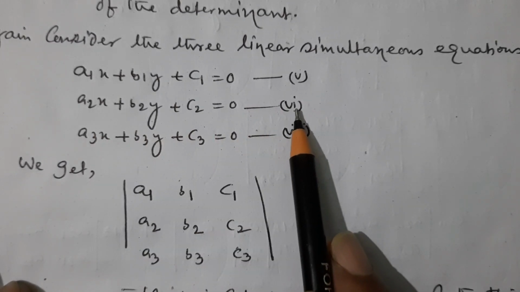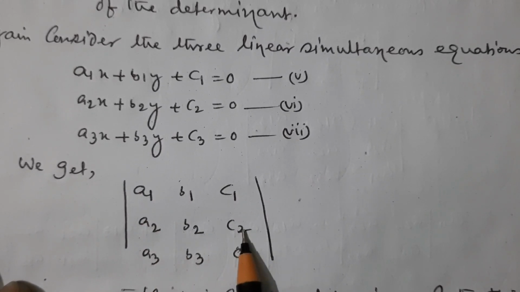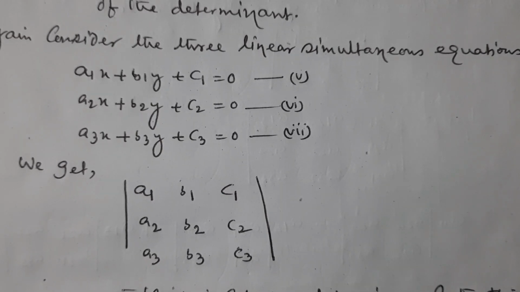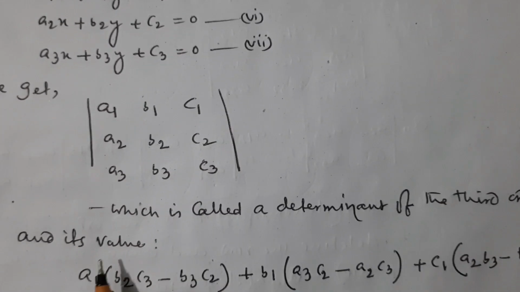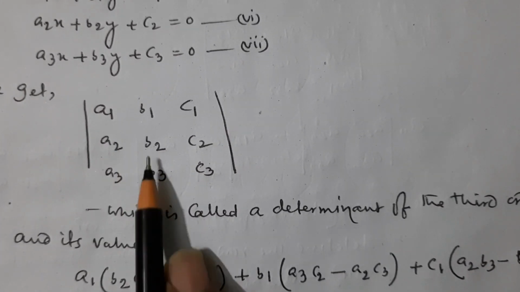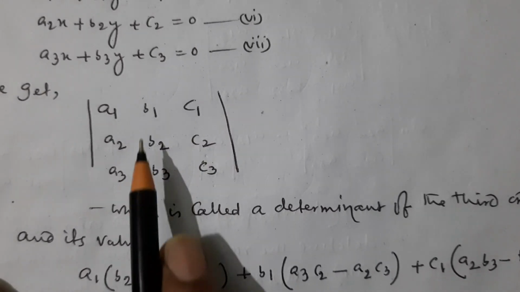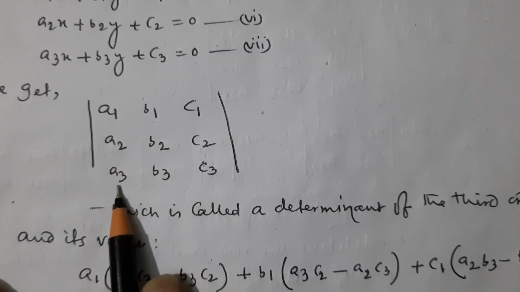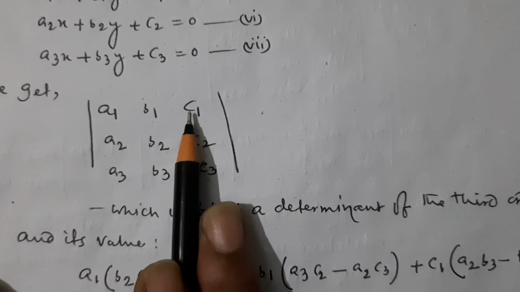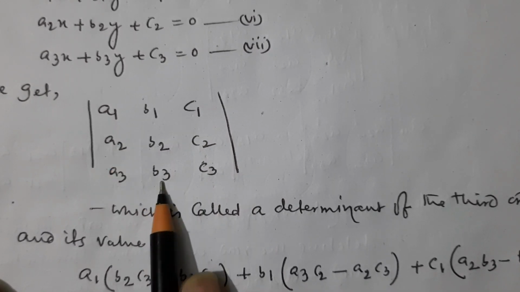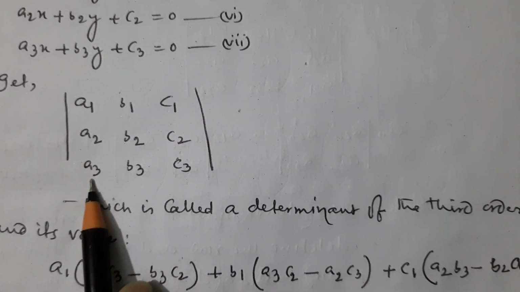Similarly, in the case of equations 6 and 7, we get the determinant a1 b1 c1, a2 b2 c2, a3 b3 c3, which is called a determinant of the third order, and its value is a1 into b2 c3 minus b3 c2, plus b1 into a3 c2 minus a2 c3, plus c1 into a2 b3 minus a3 b2.